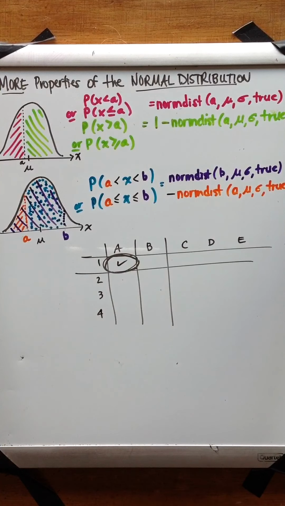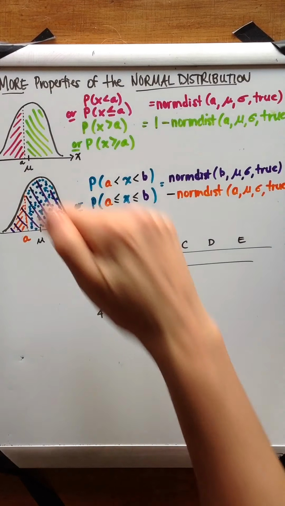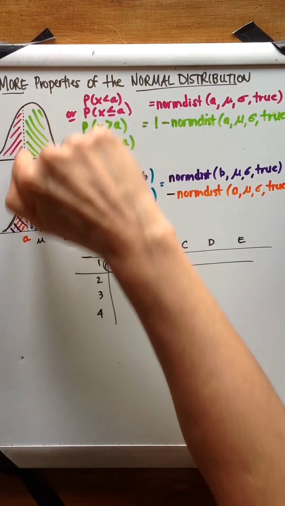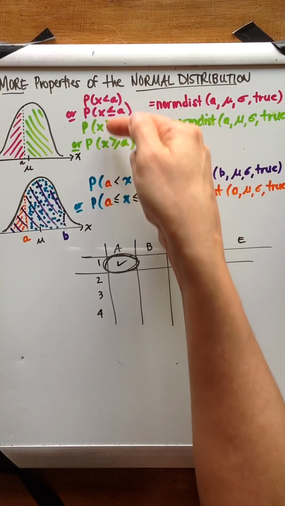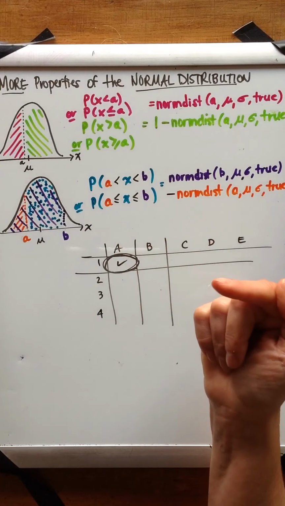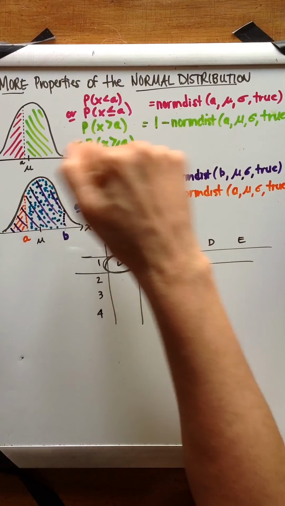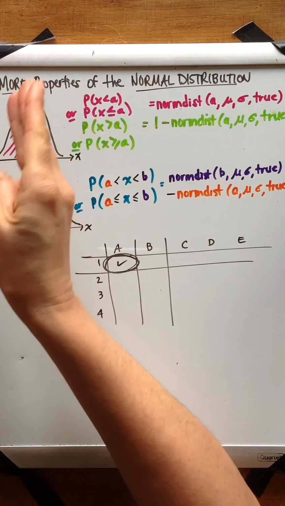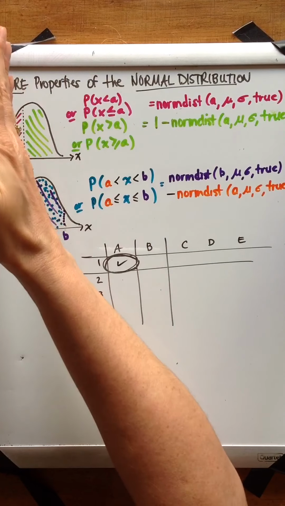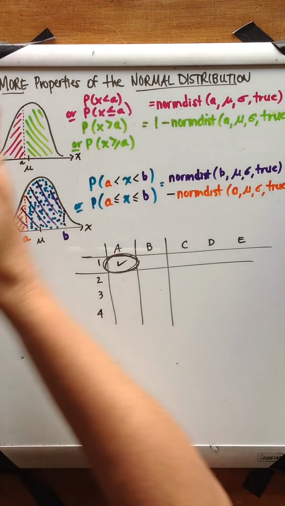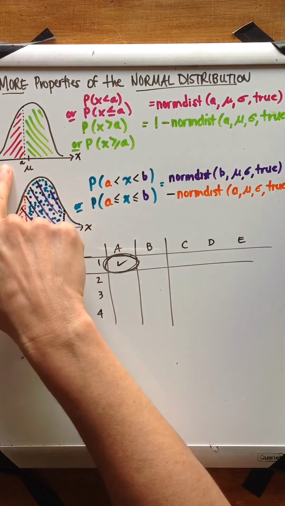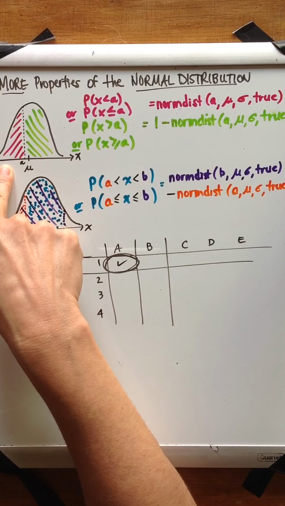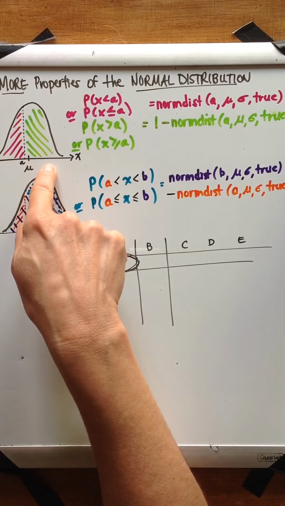Okay? The next scenario that we can explore is finding the area of the curve for a given value of x and above. And again, we can communicate it either way using greater than or greater than or equal to sign, doesn't matter. And because our tables give us probabilities from an x value and under, if we want to go here and above, we have to do the whole curve and subtract the pink section in order to get the green section.